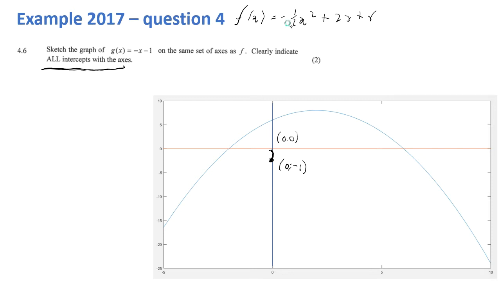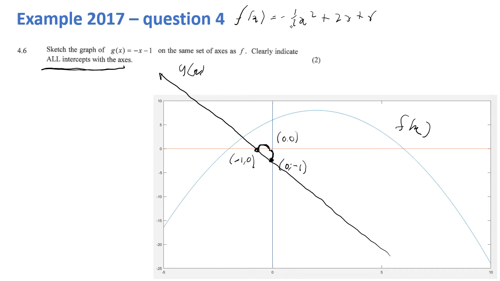Then, because it's a negative slope, I take one step to the left, and I'm at the point (-1, 0). That's where this x line goes through. So that is the function g(x), and this is the function f(x), for those of you that were wondering.